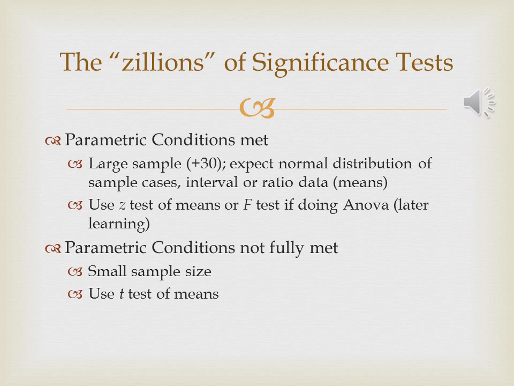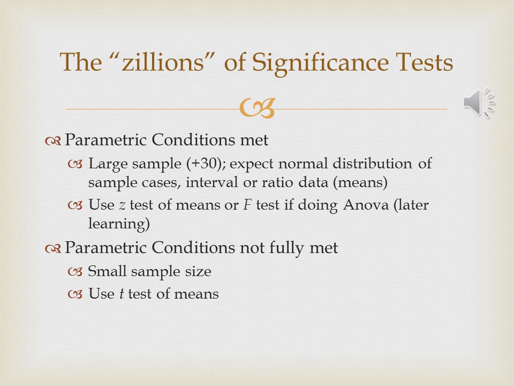For instance, if the parametric conditions are met, meaning that there's a large enough sample size and there's a decent normal distribution of sample cases, and you have interval or ratio data, then you can use either a z-test for means, which you learned how to do last week, or we can use what's called an f-test if we're doing an ANOVA. And we won't be doing that for another week or so.